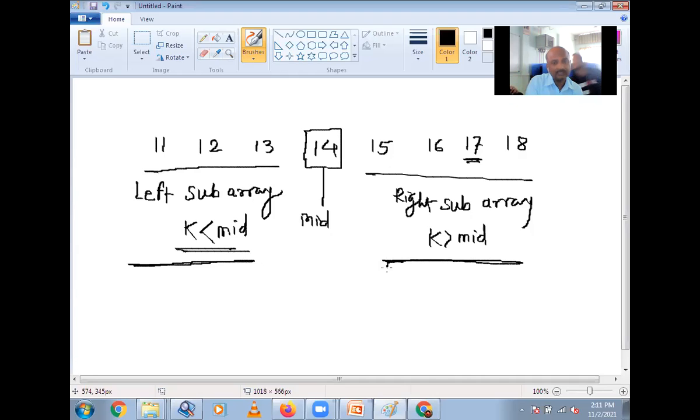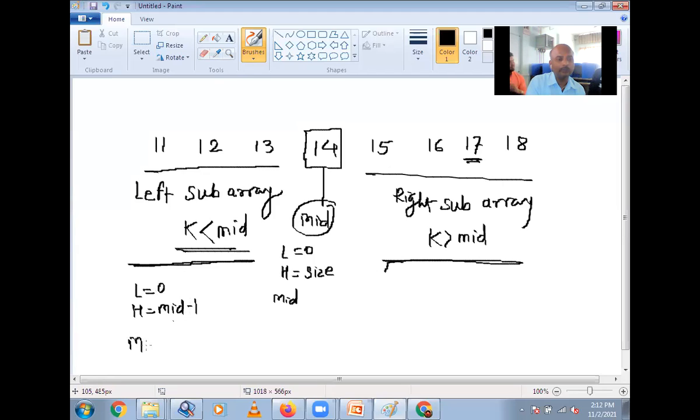Apply the same condition, finding mid, that is assigning low, high and mid. While finding mid, you assign low equal to 0, high equal to size minus 1. Then you find mid. If the number is in the left subarray, low is 0 and high is mid minus 1, then find the new mid.